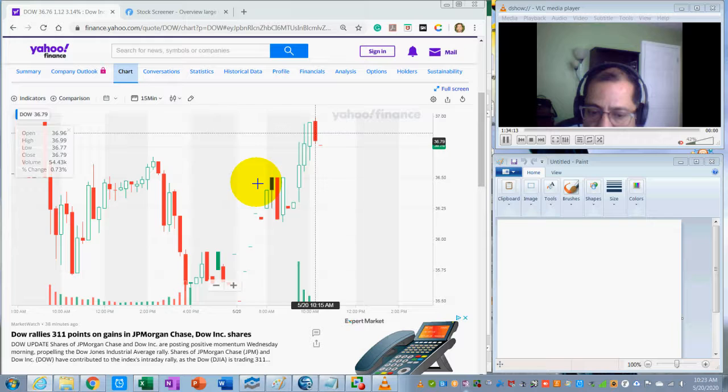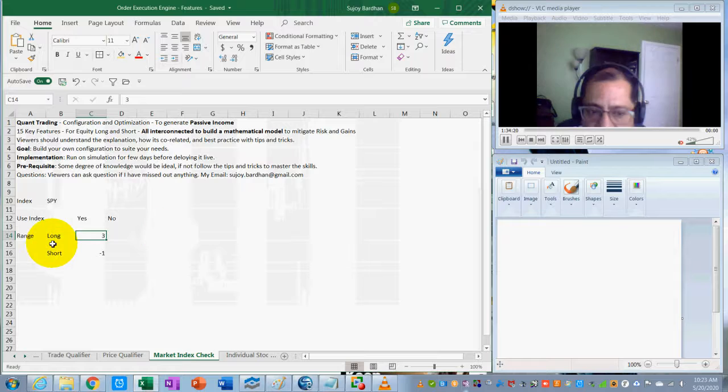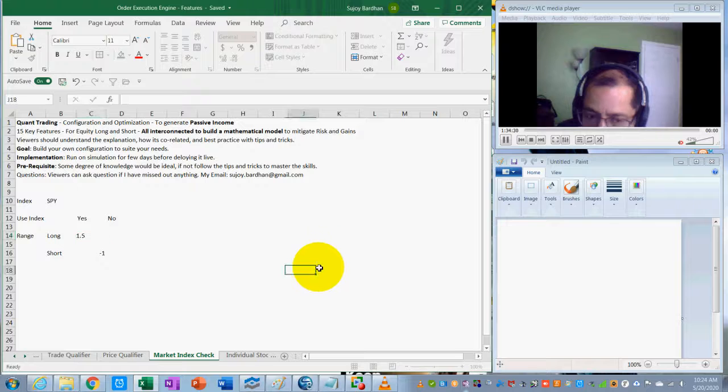So having said that, if you allow me to conclude here, we are saying that you can have a no investment zone, which means that it can take long positions over 3%, which is not real. So let's probably put it as 1.5%.